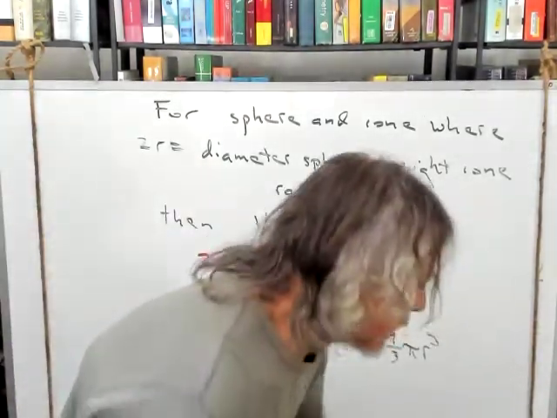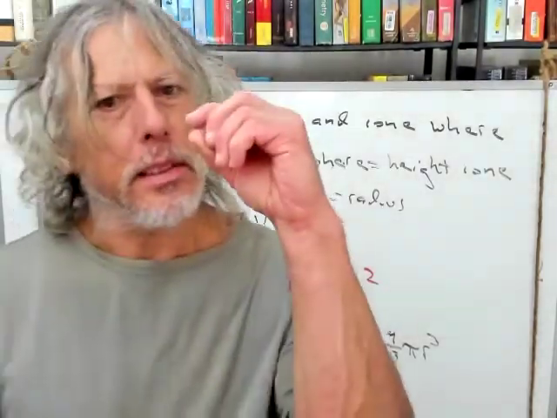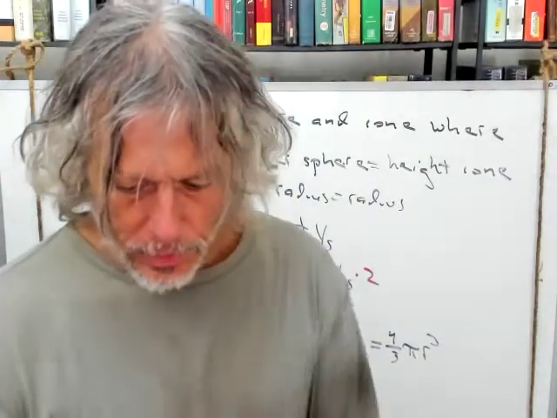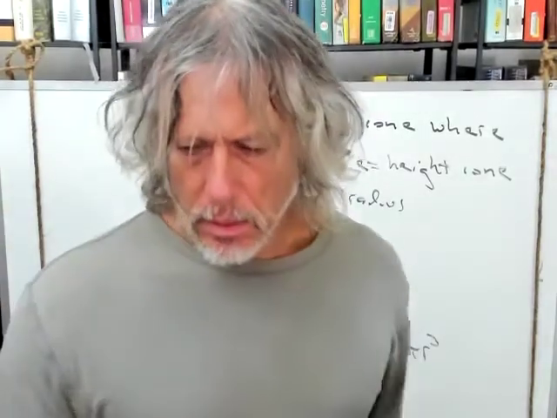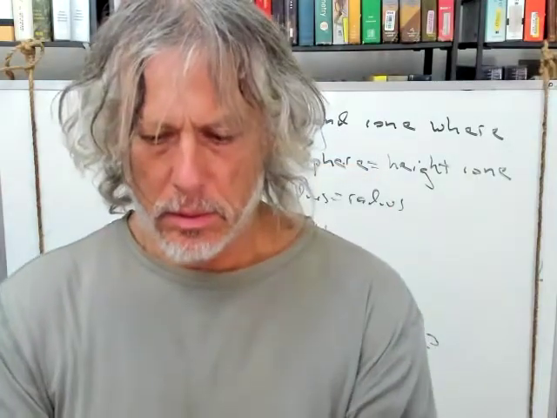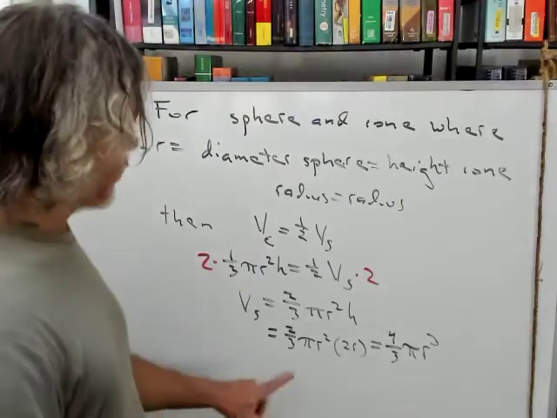Bam! Done. That is so cool. So it's like we get these teeny tiny bits of volume and move them around, layers or little pieces. So it's kind of leading into calculus, where we get little bits of this and change it into little bits of that. So there we go. That's why we got a 4/3 in it.